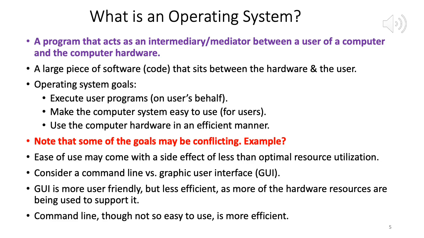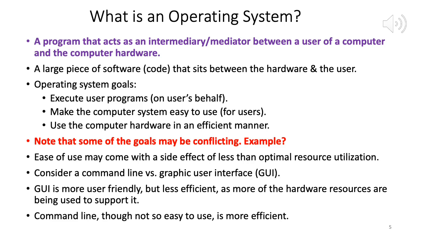Third goal, to use the computer hardware in an efficient manner. Generally you will have, let's say, 4 CPUs on a machine, and you may have 20-30 programs that need to run. So obviously the resources would need to be shared among all the user programs, because at any point of time you just cannot accommodate all of them.